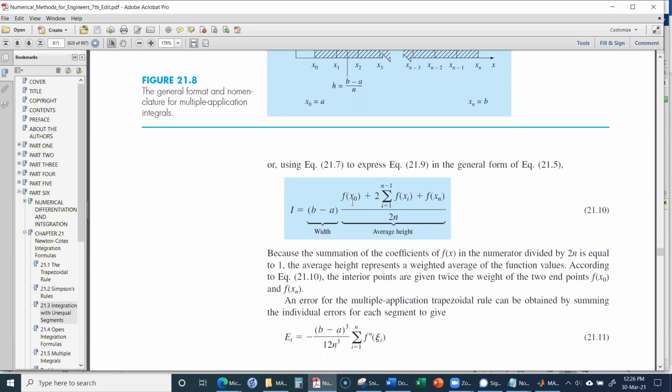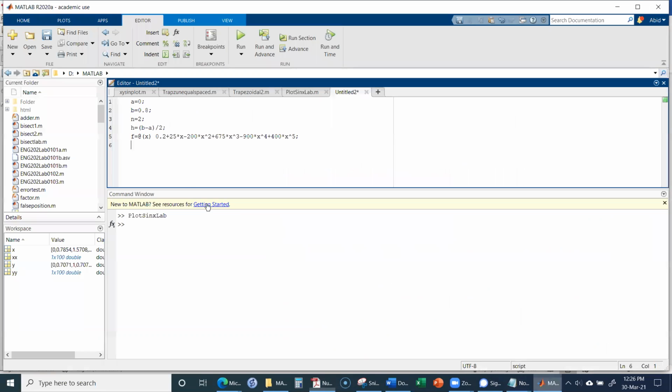So what we can do is add the first and last terms separately and the middle terms separately.